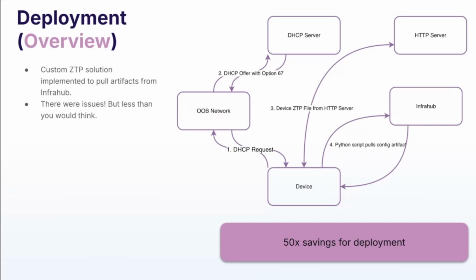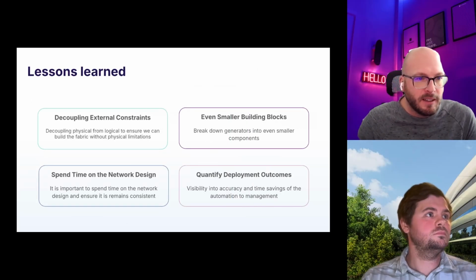We can go straight onto the lessons learned. Yeah, ultimately the whole process using Infrahub was the great savings, and they were able to realize all of that. All the features and everything we talked about helped us reach this savings perspective. But yeah, let's move on to lessons learned.